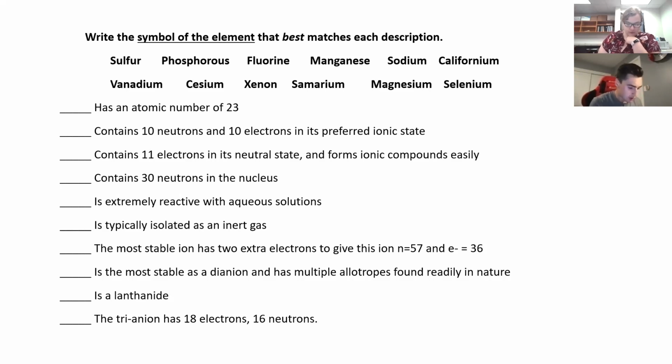That's a transition metal. Manganese is a transition metal, with different ionic states. But this question is just which one matches, and manganese has 30 neutrons. So here we go. It's manganese.